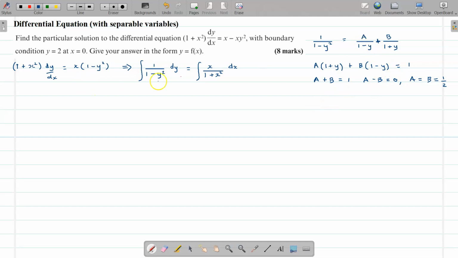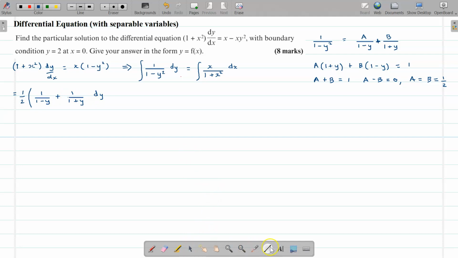Using that, I can now go back to here and say that my integral is equal to the integral of, I'll put the half outside because it's common to both of these, a half of 1 over 1 minus y plus 1 over 1 plus y, dy.